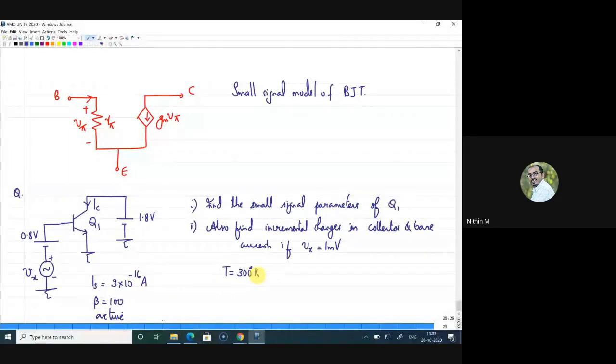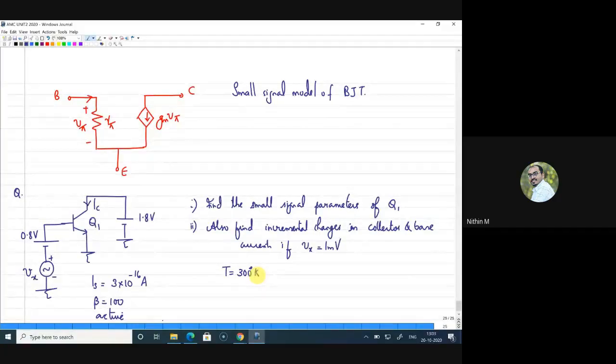Okay, so tell me what are the small signal parameters of a MOSFET? The GM value. Yes, correct. GM, then gain. I am asking about the small signal parameters of MOSFET.